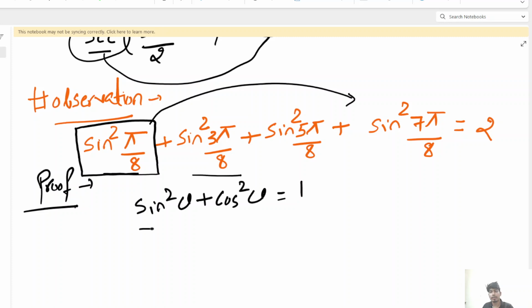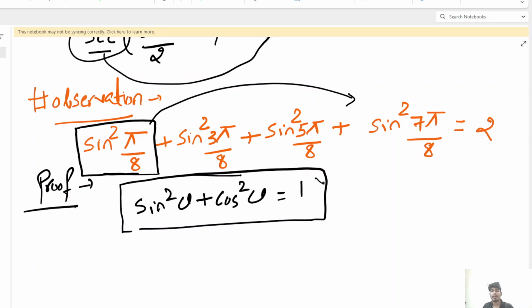This identity is used in this function, and here we change it to pi by 2.